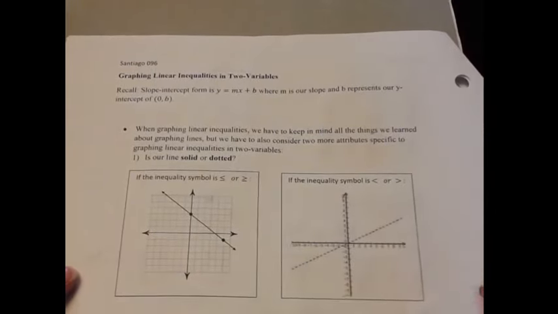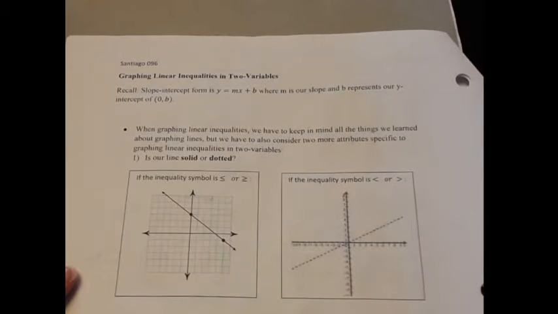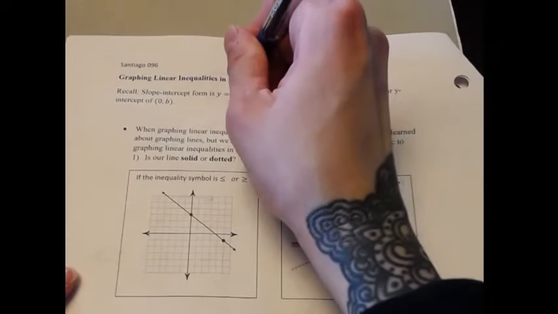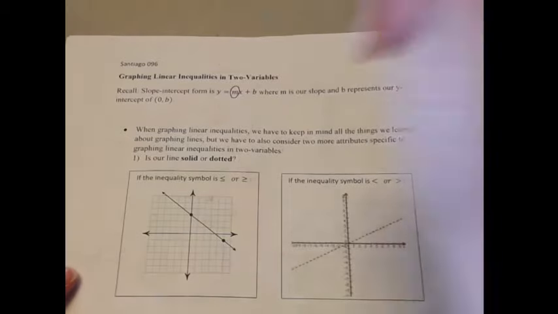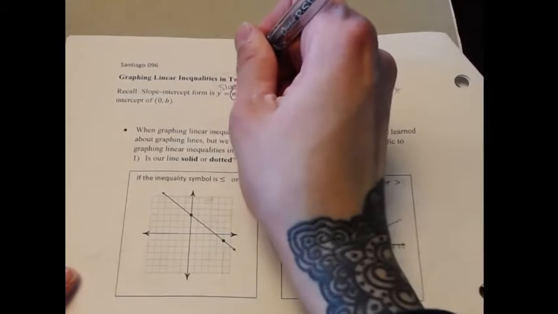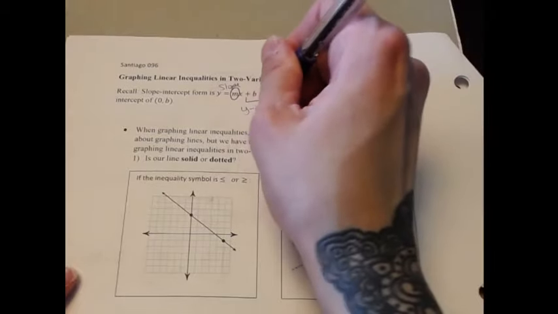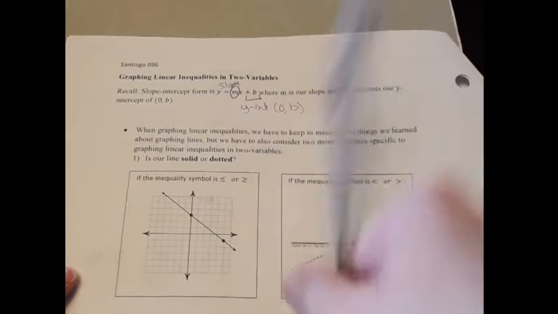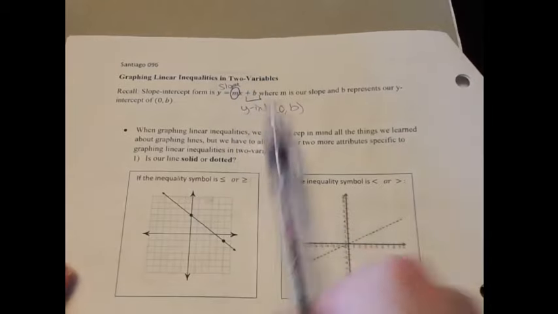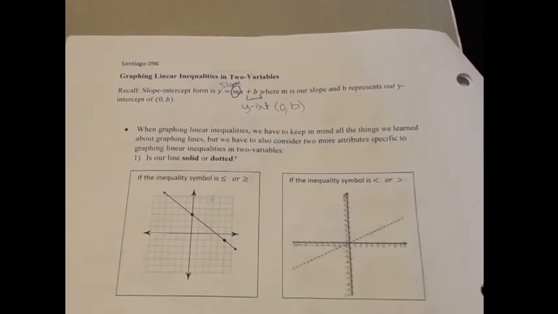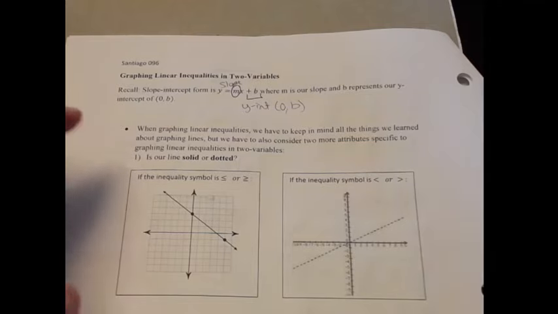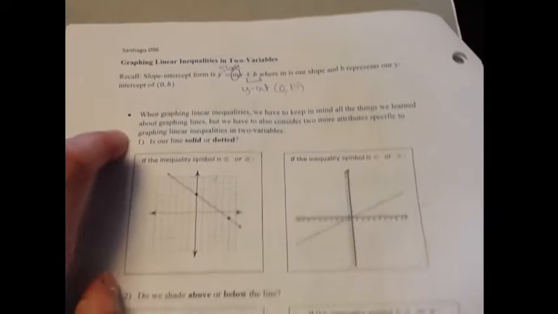As a reminder, slope-intercept form, y equals mx plus b, where m is our slope and b is our y-intercept, right? So when we graph linear inequalities, we have to consider two bits of information.